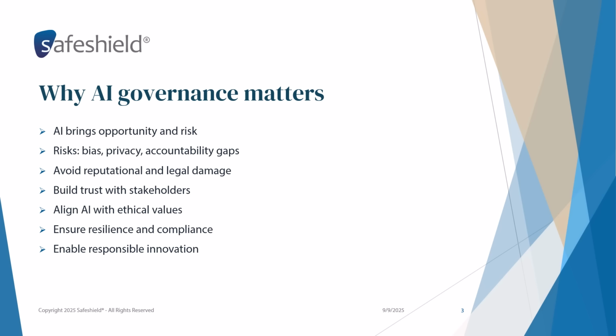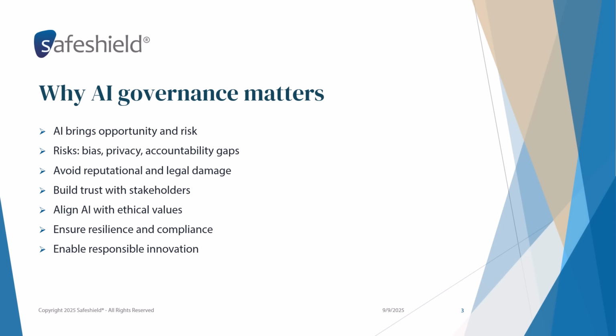Governance provides safeguards against these risks. It helps organizations align their use of AI with legal requirements, such as data protection regulations, and with ethical values, such as fairness and respect for human rights. From a business perspective, governance builds stakeholder trust. Customers, investors, and regulators are far more likely to support companies that demonstrate responsible AI practices.